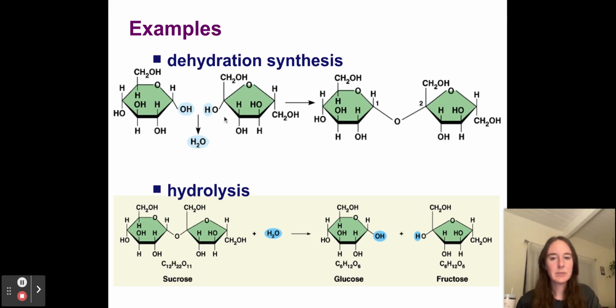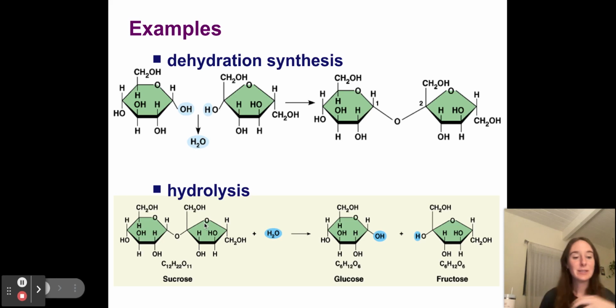So when plants make glucose, they bond multiple sugar molecules together to make bigger molecules. And then when they're ready to use those molecules, they hydrolyze them. So here's our sucrose molecule built from glucose and fructose. And with the addition of water, now you're breaking those bonds. And now these molecules are chopped up a little bit, and those can now be used by the cell to get energy.